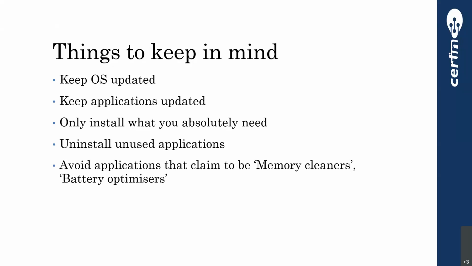And if there is any vulnerability associated with that particular application, then obviously you can fall prey to that as well. So it's always good to uninstall unused applications, and only the most necessary ones should stay on your mobile device. Then there are a lot of memory cleaners and battery optimizer applications which are available for Android.